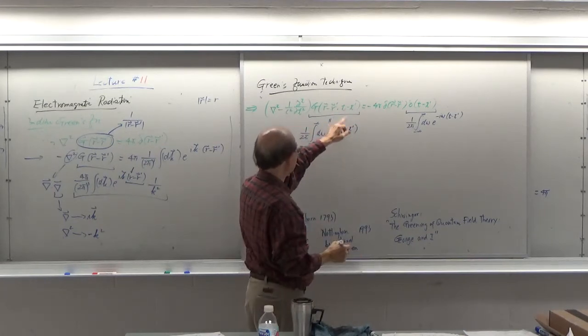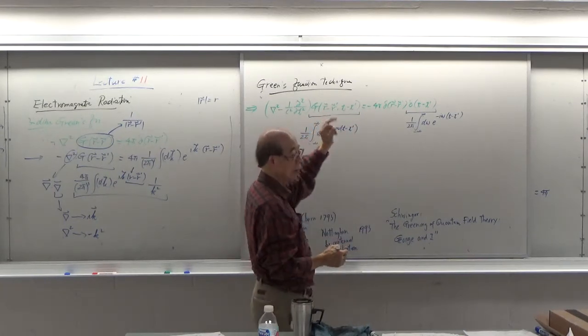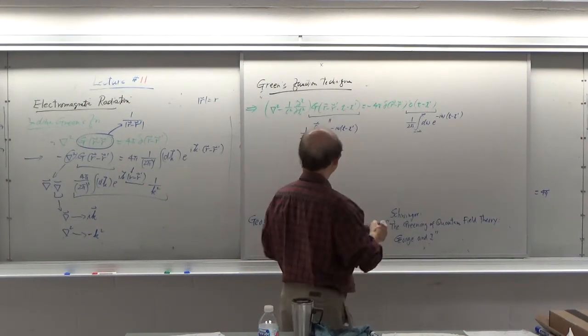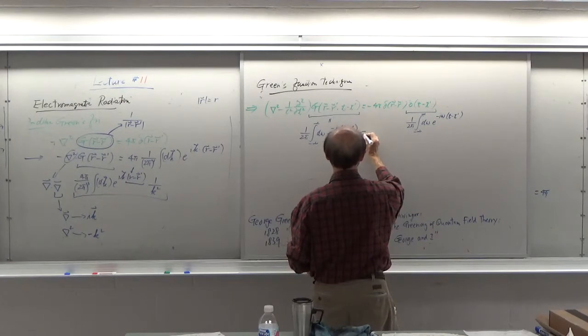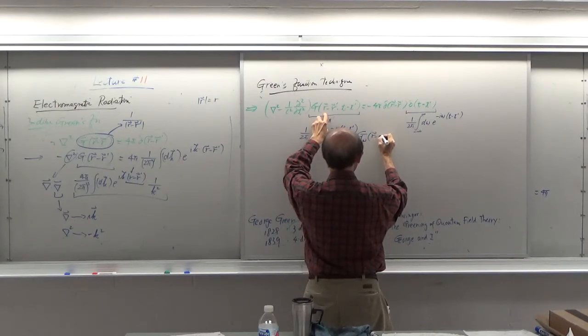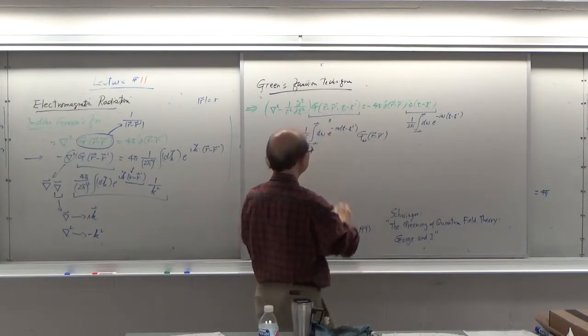The time dependence appears here, but the R dependence appears as a separate factor. Let me call this Green's function, which depends upon omega, G sub omega of R minus R prime. Let me put it in that form.